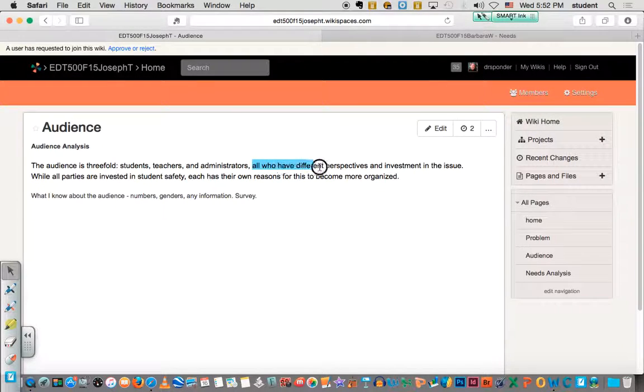You don't know they have different perspectives and investment in the issue. You don't know that. Even though I do, I pretend that I don't? It's not necessary. You just want to know about the audience itself, the characteristics. You might put that several students are routinely in detention and miss the bus, which I'm sure happens a lot.